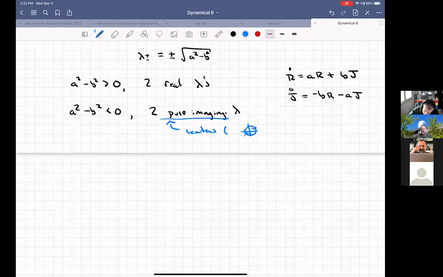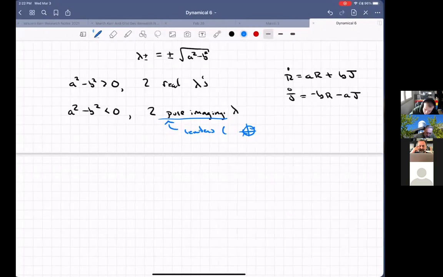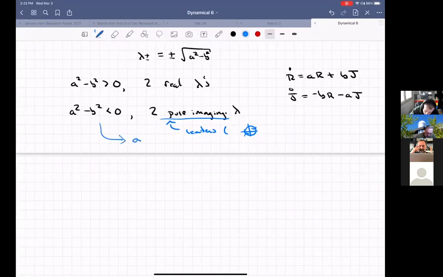A center is like a simple harmonic oscillator. So what does that mean? For this to be the case, that means that A is less than B.